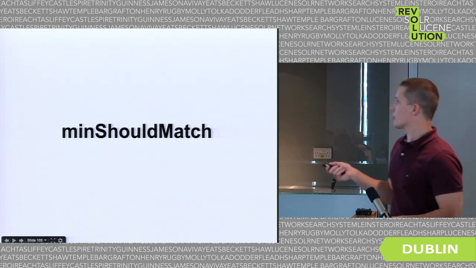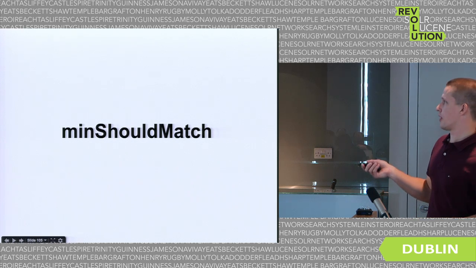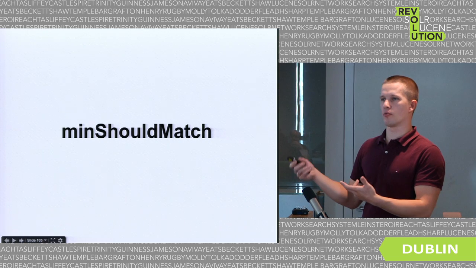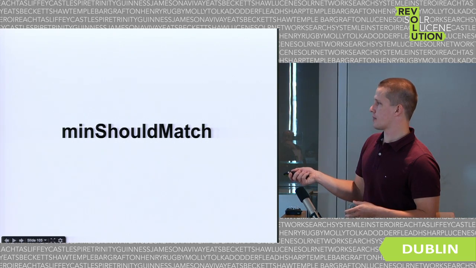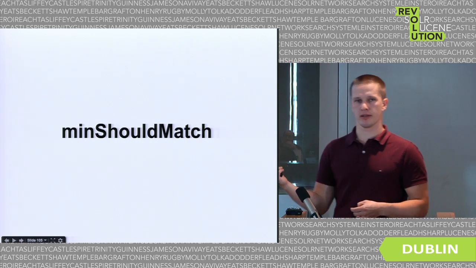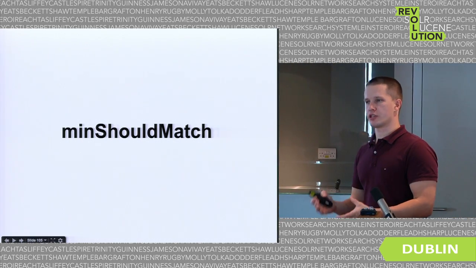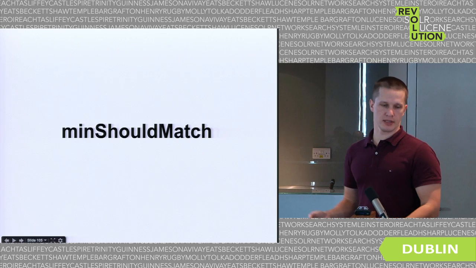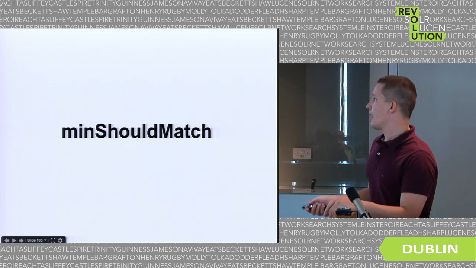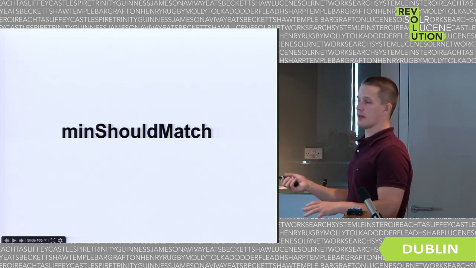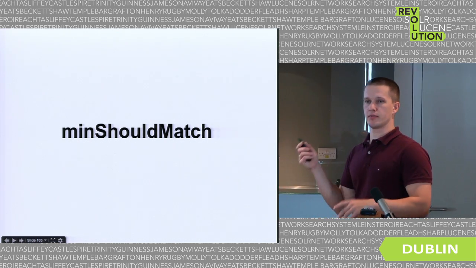You can say that all terms are optional, but you require a match of at least 2 or more terms, and you do not accept matches with one word. That's what min should match does, and it's functionality of the standard Boolean query in Lucene. It has worked there for ages, and you actually know everything to implement this constraint on your own.